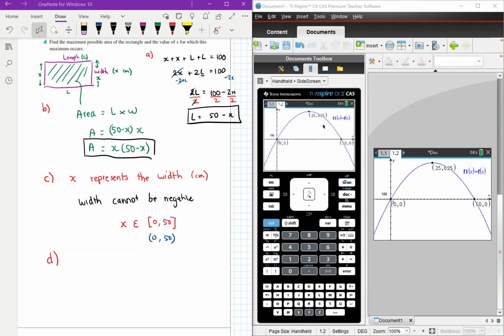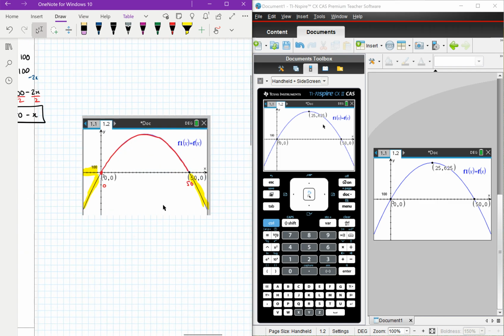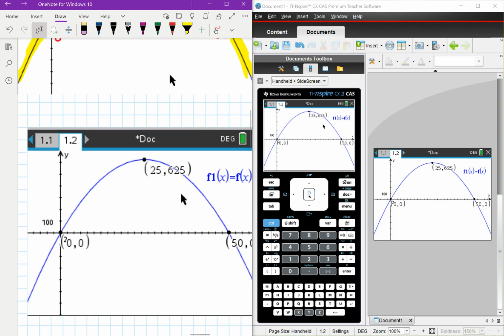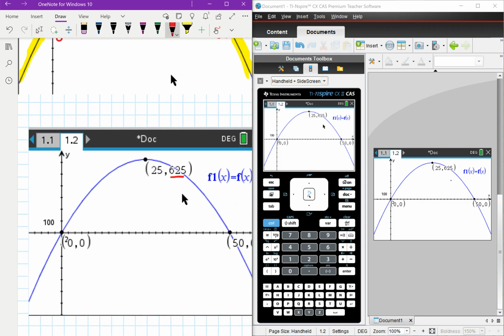So now I know the maximum y value, which represents the area, whilst this represents x, which is the width. The maximum area I can get is when the width is 25 centimeters and the area is 625 cubic centimeters.